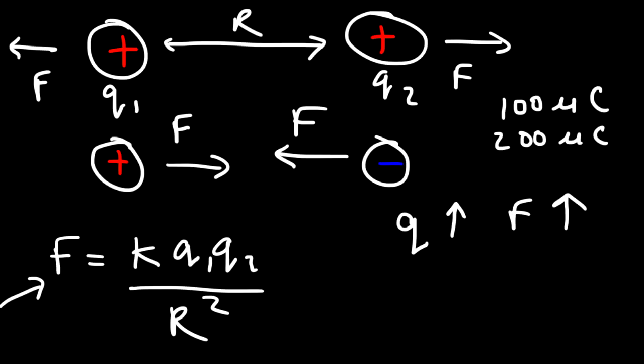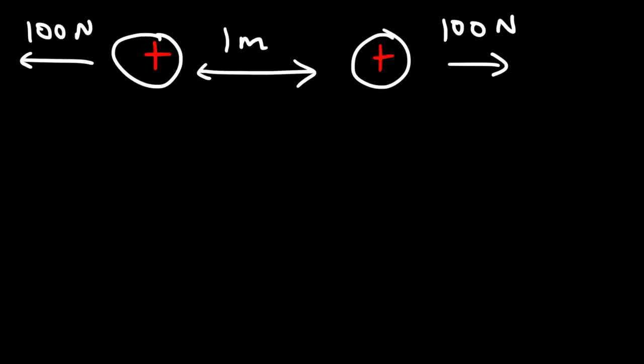Now, what happens if you increase the distance between the two charges? So let's say here's charge 1 and here is charge 2. And let's say the force that's acting on each charge is 100 newtons when the distance between them is 1 meter.